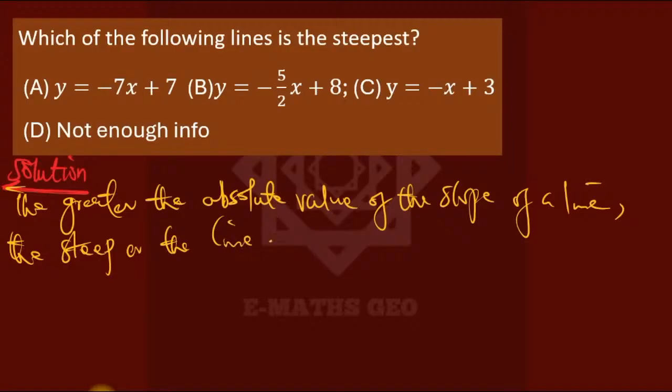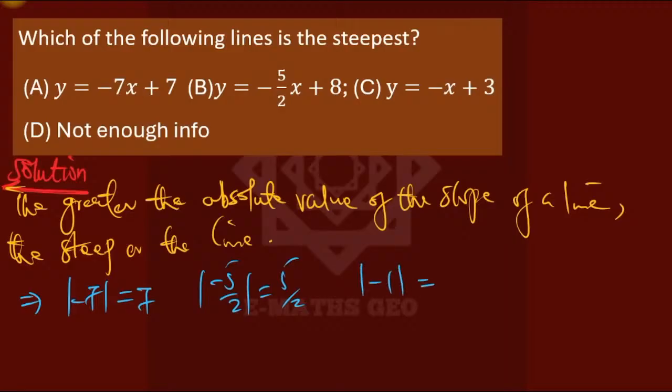The slope of the line is always the coefficient of x. So the absolute value of minus 7 is 7, while for the second line, the absolute value of minus 5 over 2 is 5 over 2. For the third line, the absolute value of minus 1 is 1. Among these, this is the steepest line. So the answer is option A. You don't need to waste time.